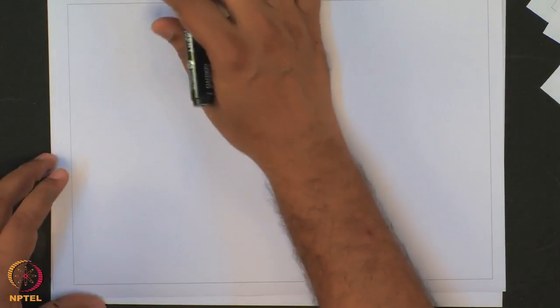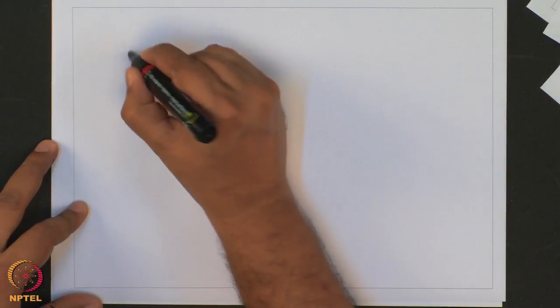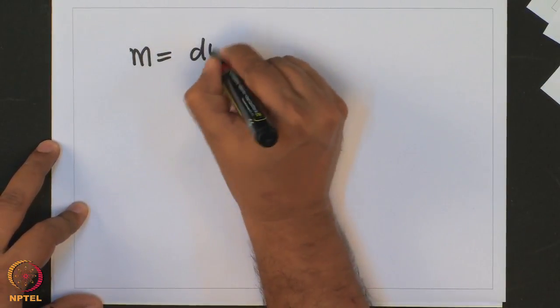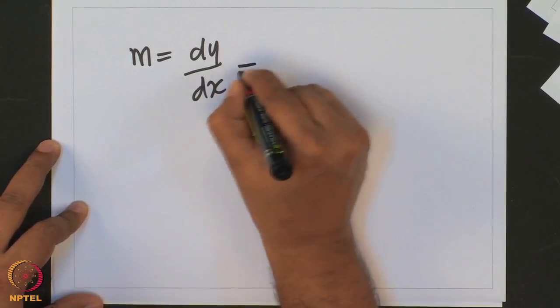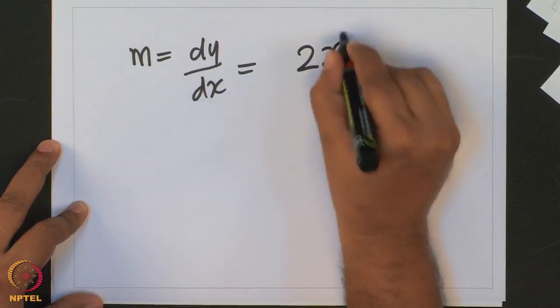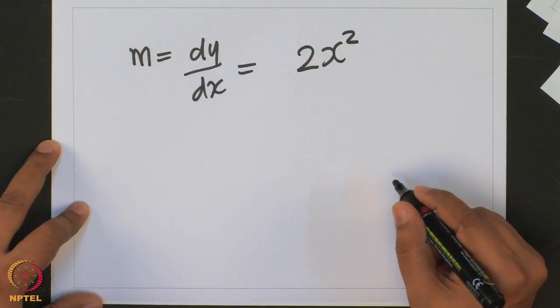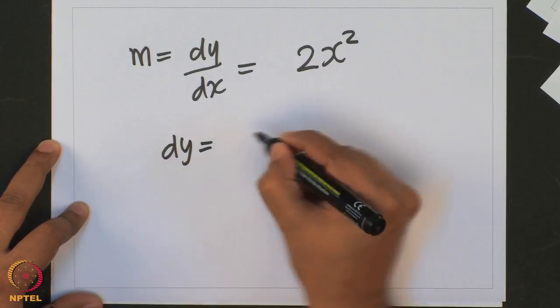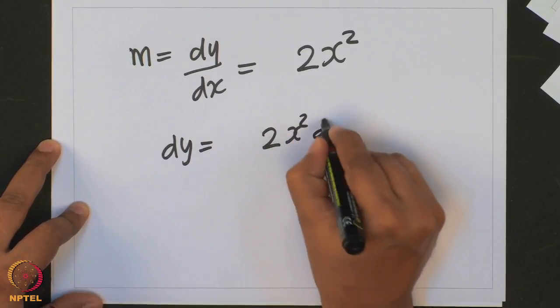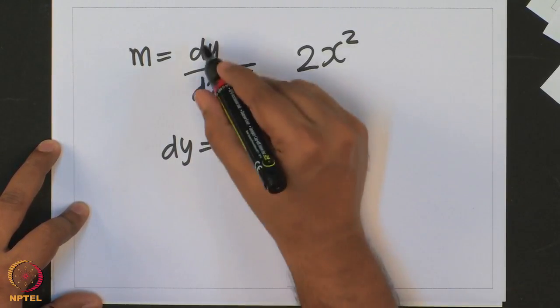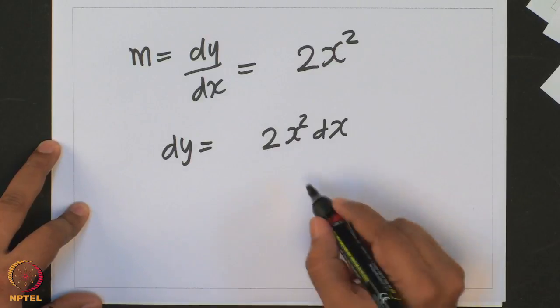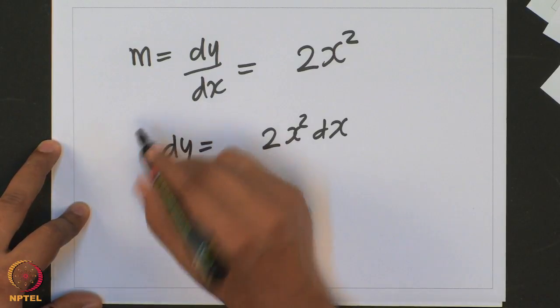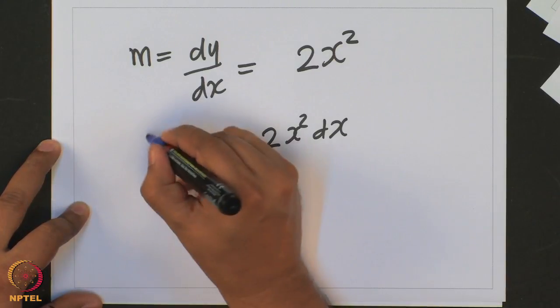So if we have an m, which is dy by dx, is, let us say, 2x square. Then I can write dy is equal to 2x square dx. I take dx this side. Then I integrate on both sides. So I will put an integral sign here.